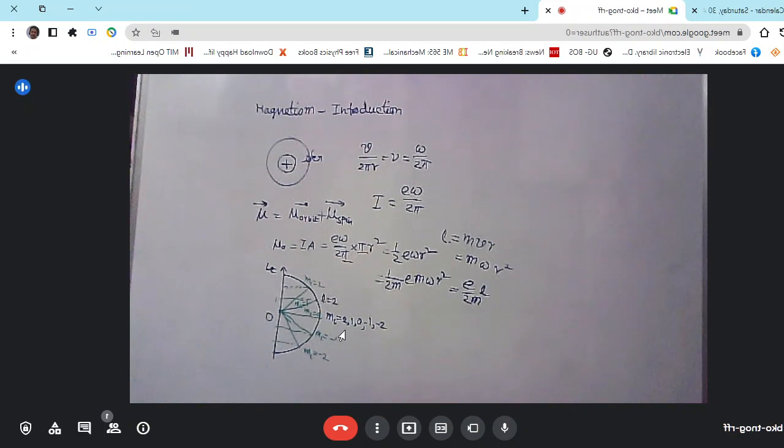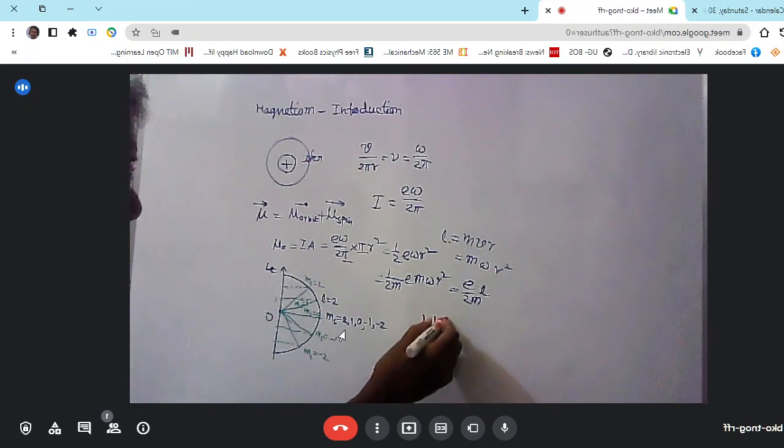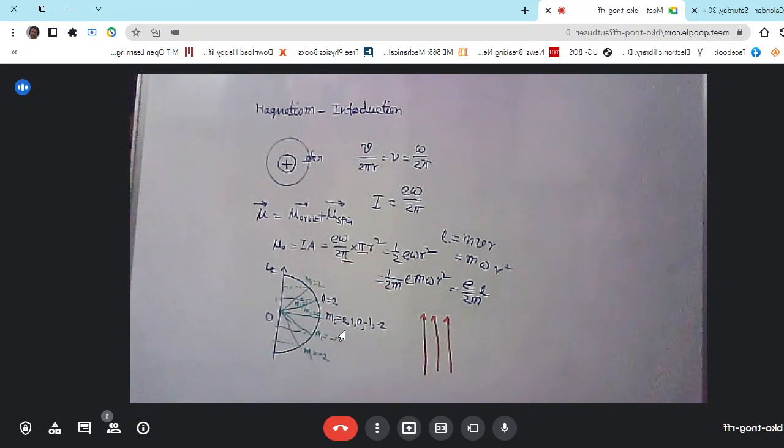So what does the diagram actually signify? It signifies that say we have a magnetic field like this. This is the direction of the magnetic field, and we are talking of some atom, or rather the orbit of an atom.